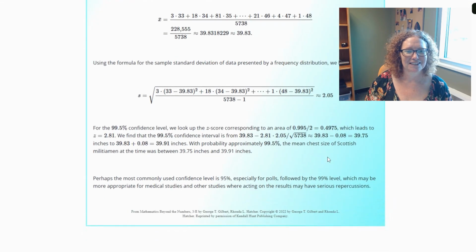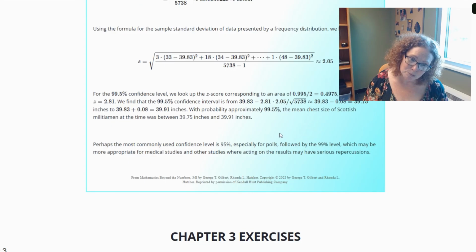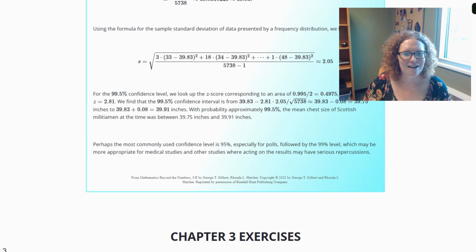And then the next step would be to find the z-score corresponding to that area, 0.995 divided by 2, 0.4975. We get 2.81. Again, we plug in all of that, and we find out that the mean chest size of Scottish militiamen at that time was between 39.75 inches and 39.91 inches.